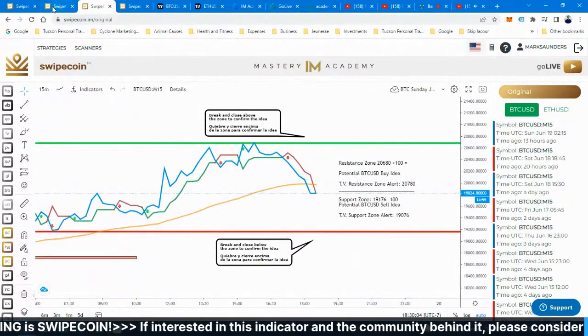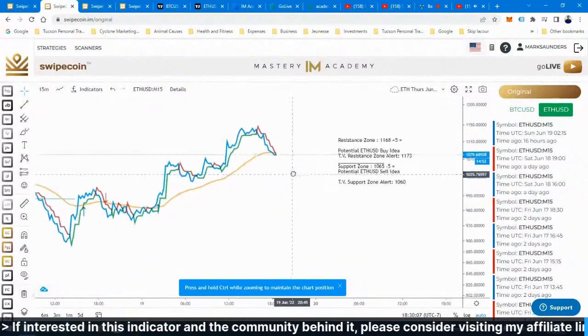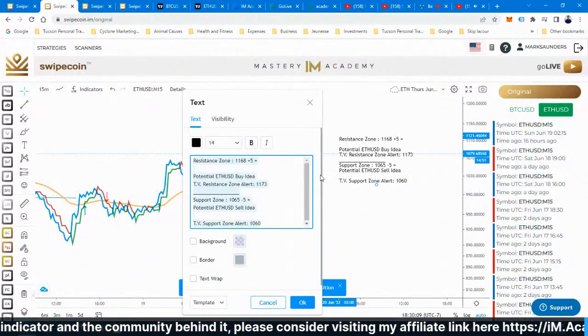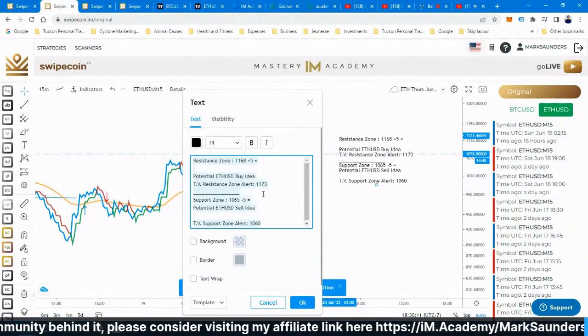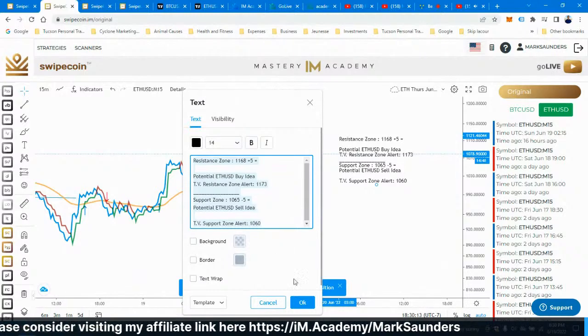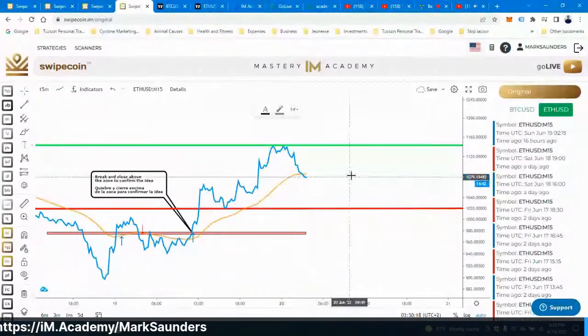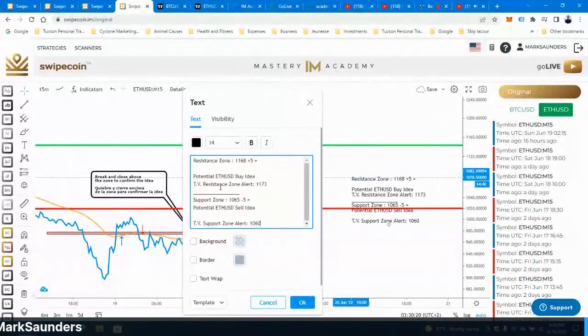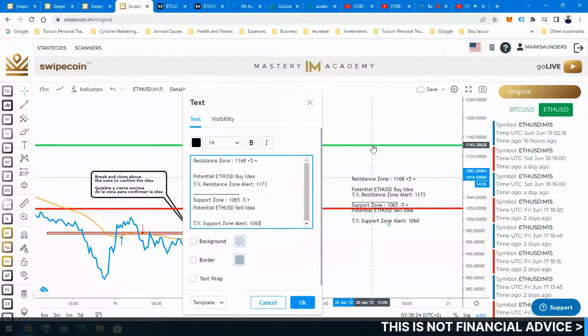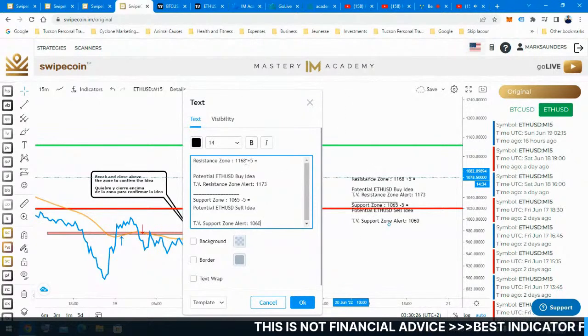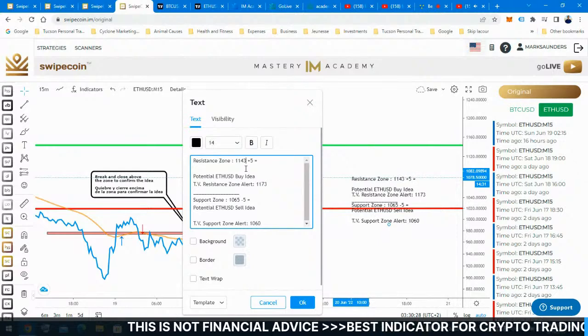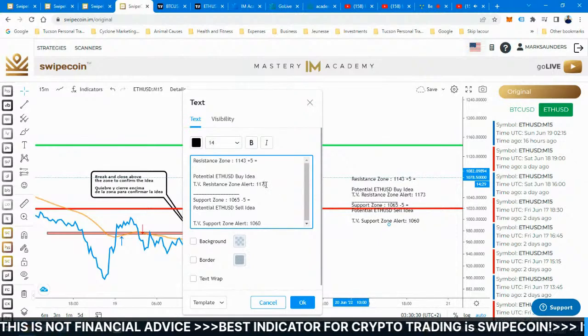I'm going to find my form. This is my old chart. Control A, Control C, just copying. Going to add in my new numbers. The green resistance is going to be 1143 plus 5 because Sean says so.